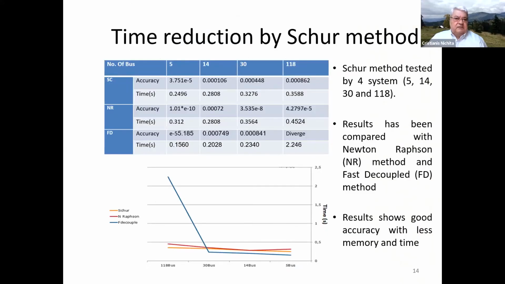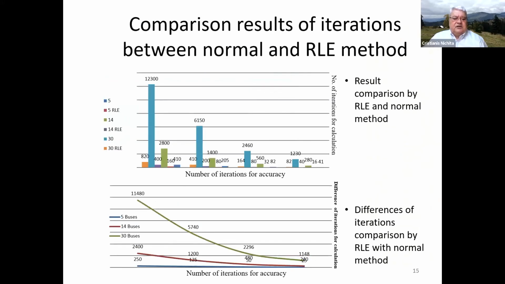The results show good accuracy with less memory and time. Here we have the results. Another result: we make the comparison of iterations between the normal and the run-length encoding method. So the number of iterations decreases. So we have what we call the time reduction for this kind of method.